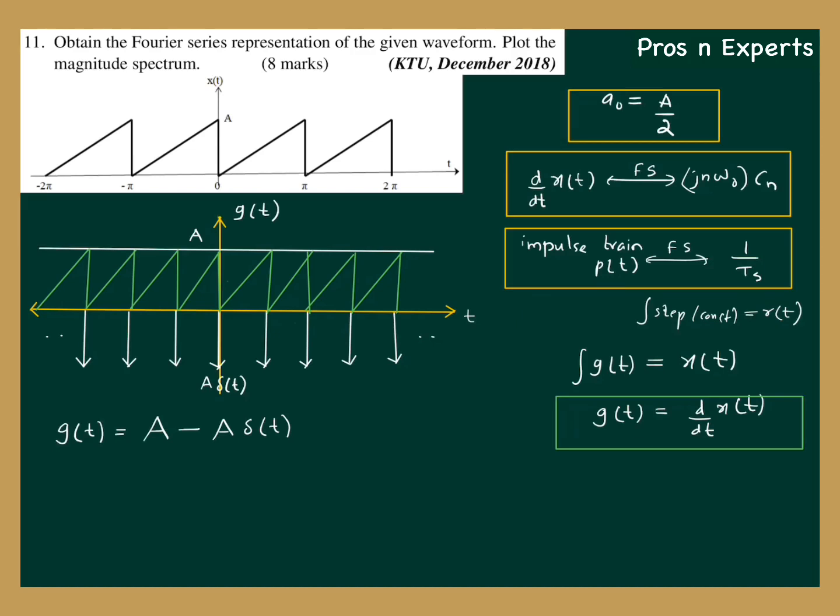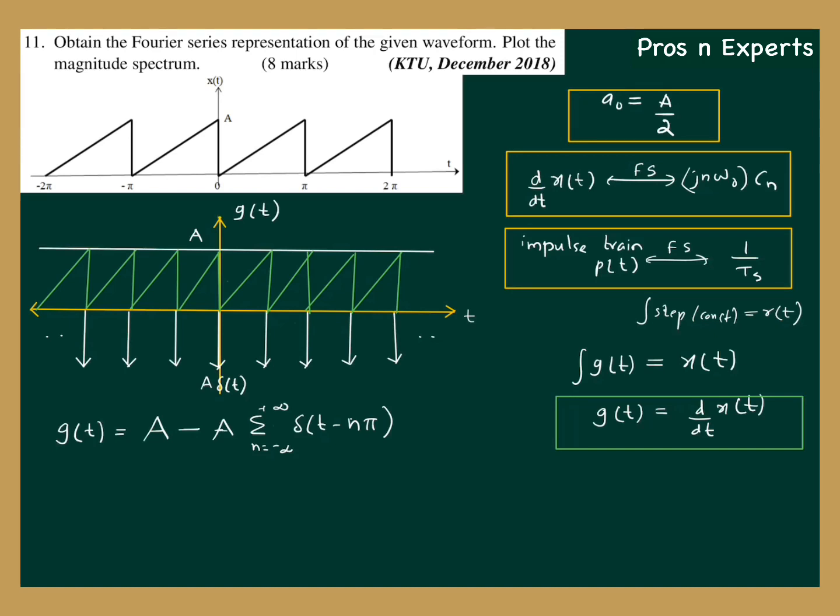It's not simply del of t, sorry, it is A minus A into sigma n equal to minus infinity to plus infinity del of t minus n pi. Here you can see each break in the ramp occurs at pi, 2 pi, etc. So this is the mathematical expression for g of t.